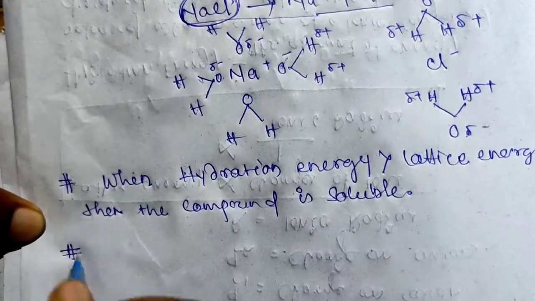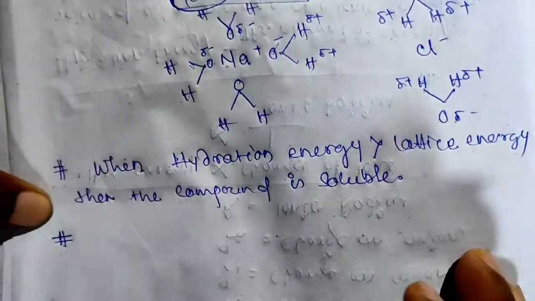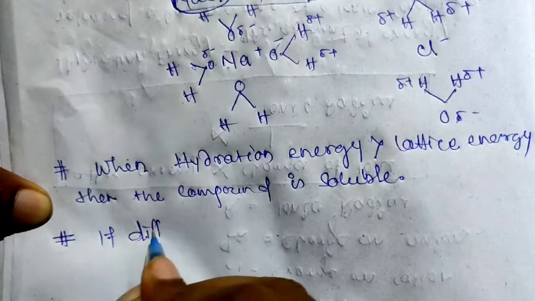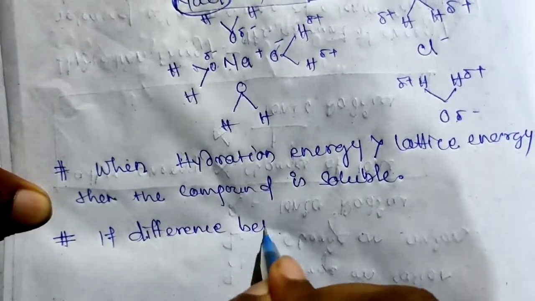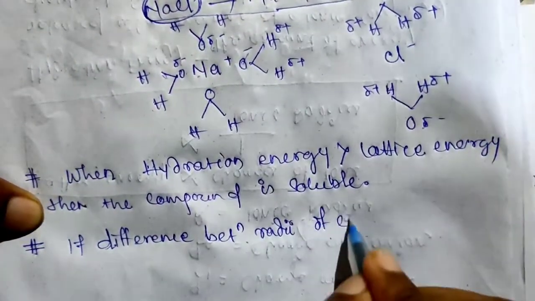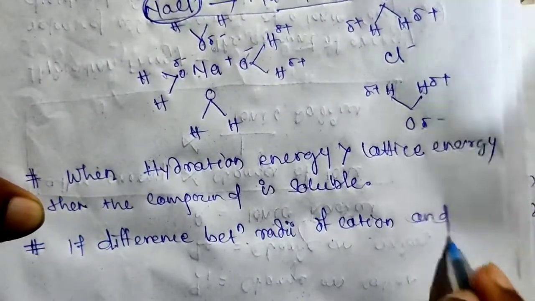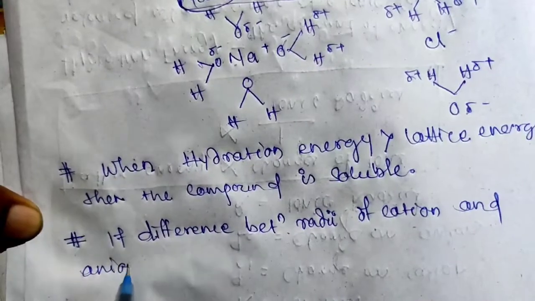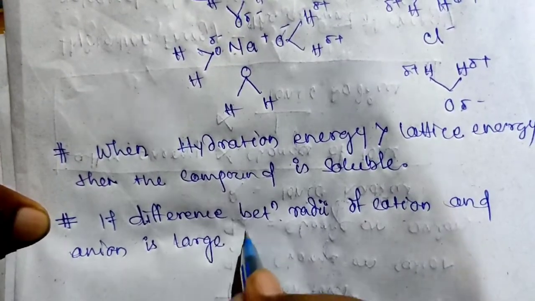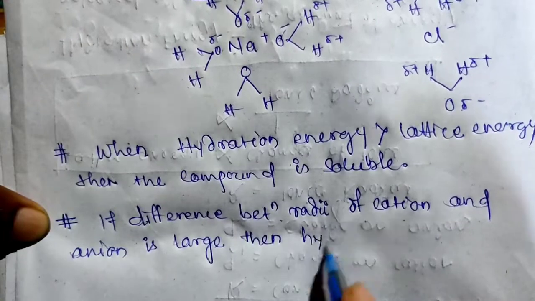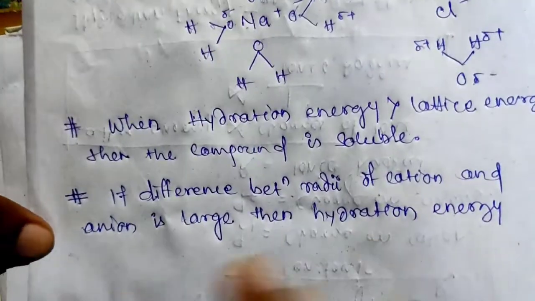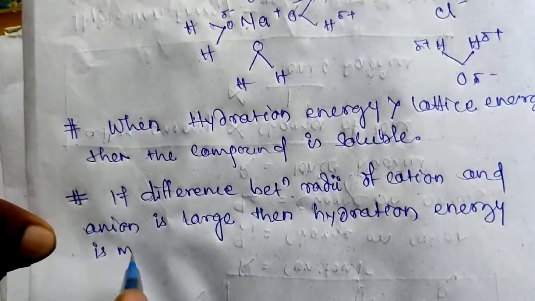Next important point. If the difference between radii of cation and anion is large, then hydration energy is more.